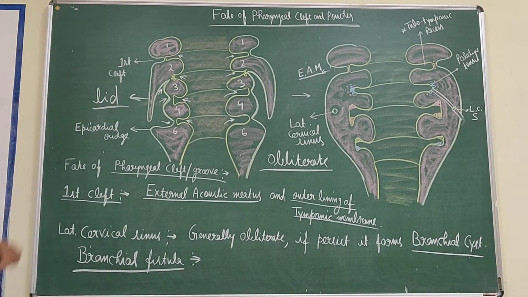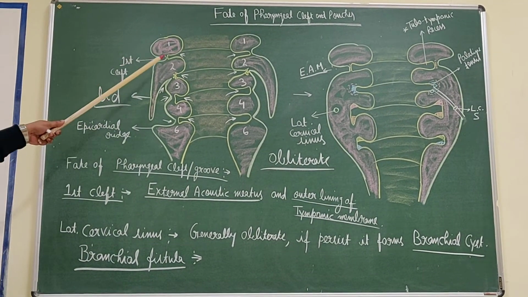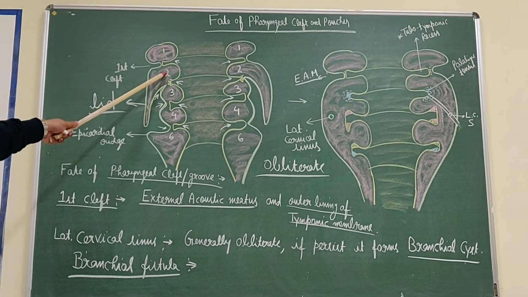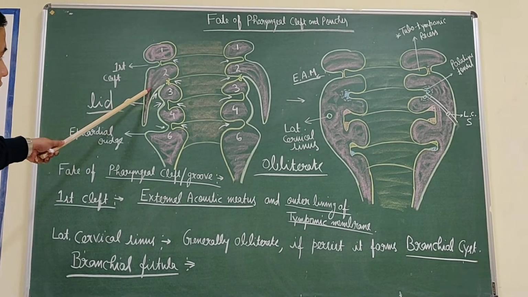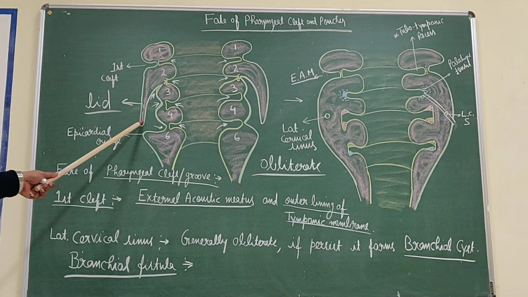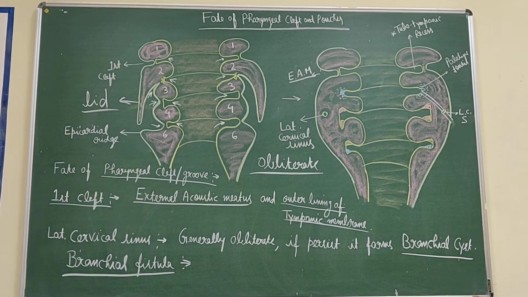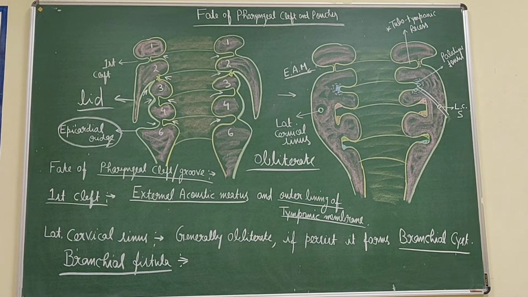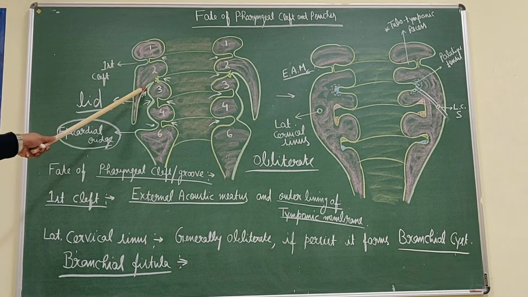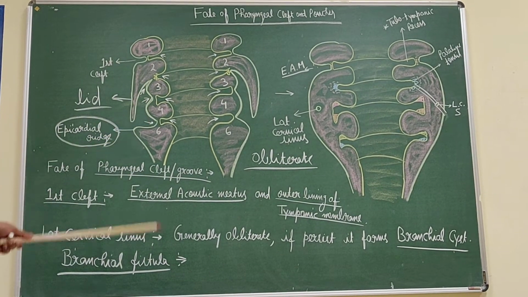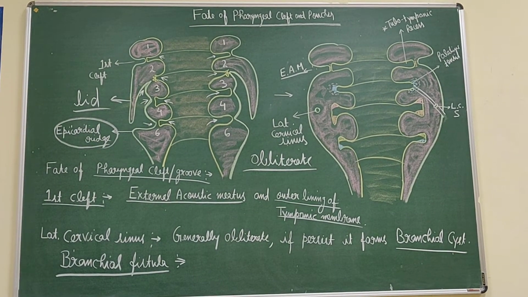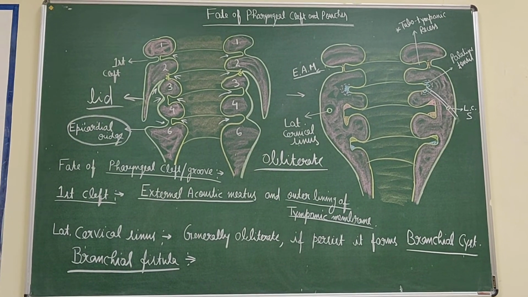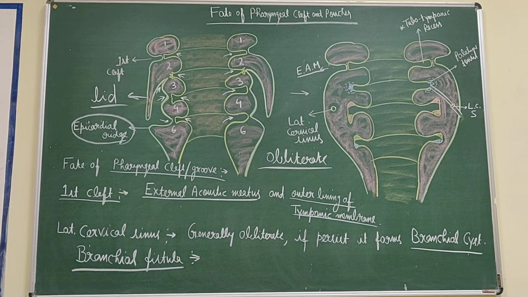This is the lid, formed by the rapid overgrowth of the second arch, and this second arch grows downwards and fuses with the epicardial ridge. As a result, the second, third and the fourth clefts are obliterated, and they do not form any structures in the embryo.